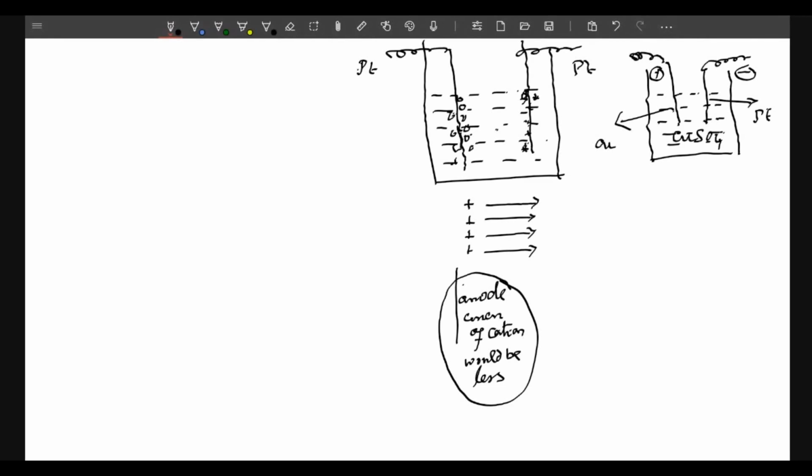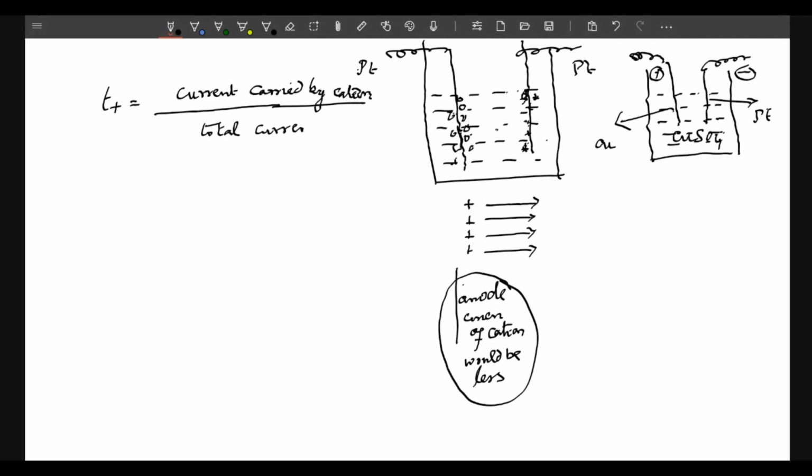If you know this fact, you can calculate the cation transport number t plus. That is nothing but the fraction of the current carried by the cation, the current carried by the cation while moving towards the cathode by the total current.